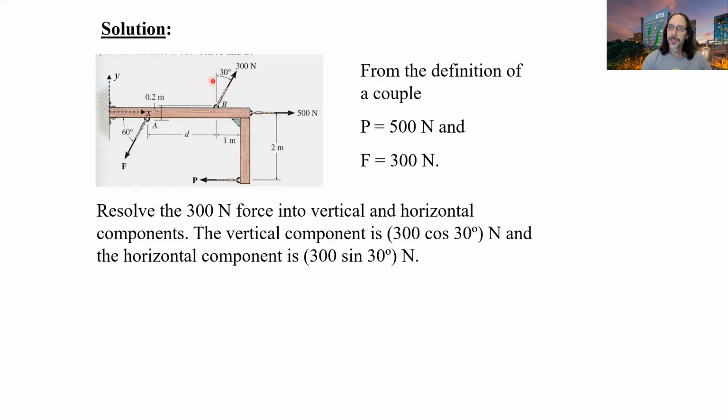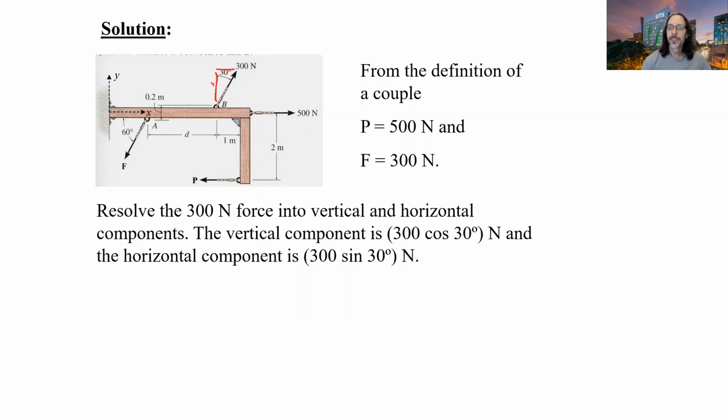Looking at just this force here, 300, its vertical component is the adjacent side. So if we have a little triangle here, my bad, drawing with the mouse again. So I draw my triangle here. There's my right angle triangle.